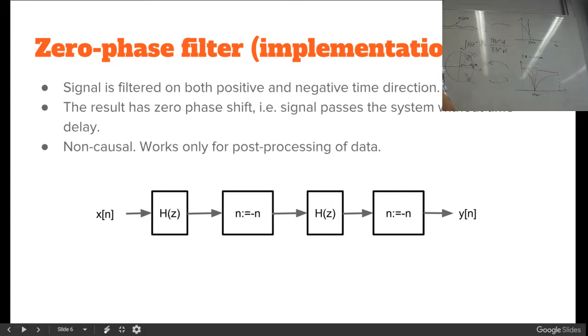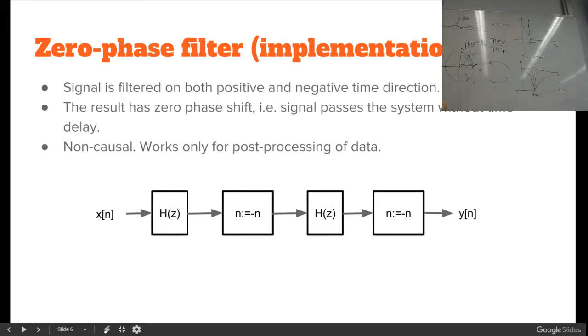Earlier I told you about the phase response. The IIR filter destroys your phase. It's not totally true. If you are doing post-processing of the signal, you can always run the filter twice, once in the positive time direction, another time in the negative time direction.